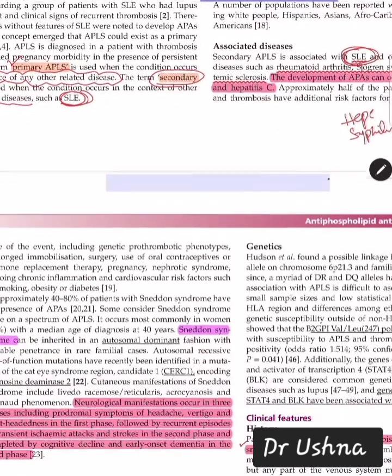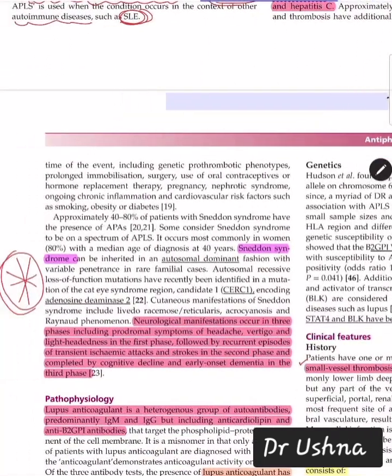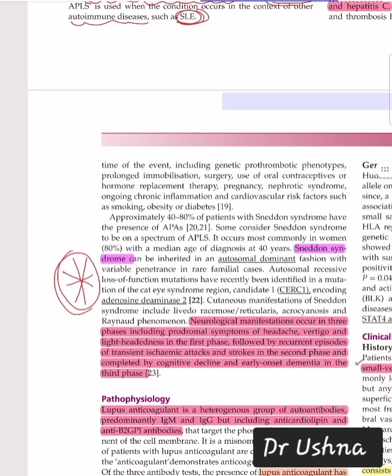Okay. Next very important term is Sneddon syndrome. You can remember Sneddon by an easy mnemonic, Sneddon itself. S is for sudden onset. N for net-like rash in the form of livedo reticularis or livedo racemosa. E for elevated BP.